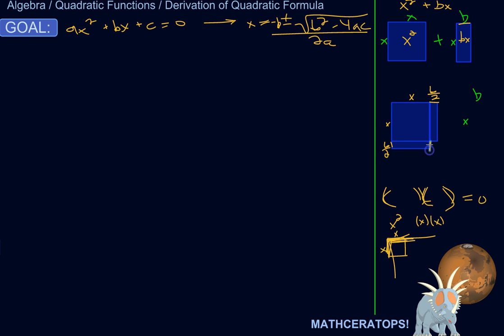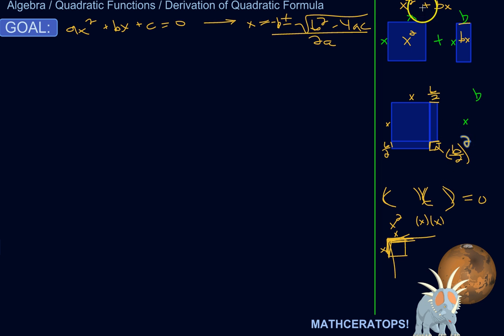All right. So what is this square? Well, its length is b over 2, and its height is b over 2. So the area of that square is b over 2 squared.